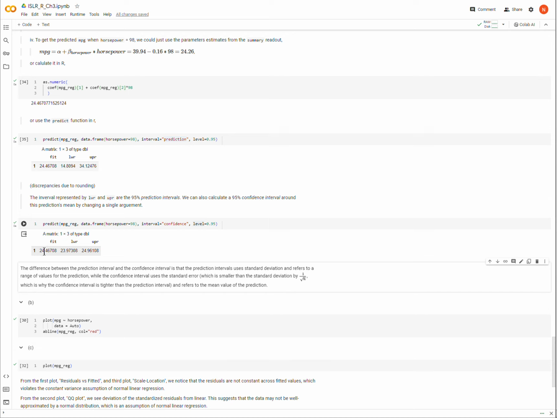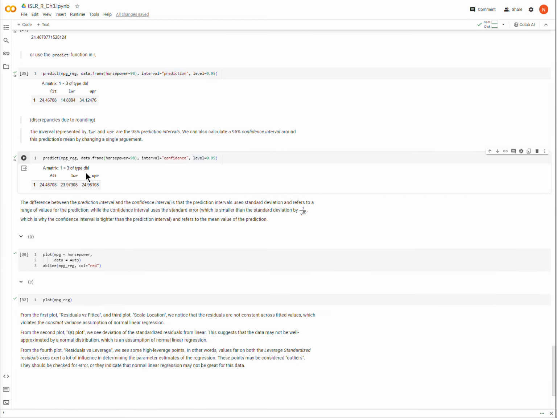So it says that the best guess for the mean of the prediction is here, but other mean values with 95% confidence lie in this range. So whereas the prediction interval is saying this is where the prediction might lie, the confidence interval is referring to the average of predictions, if that makes sense. I'm not saying that very eloquently, but I hope it makes sense.